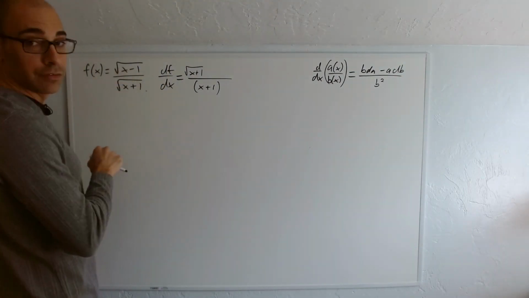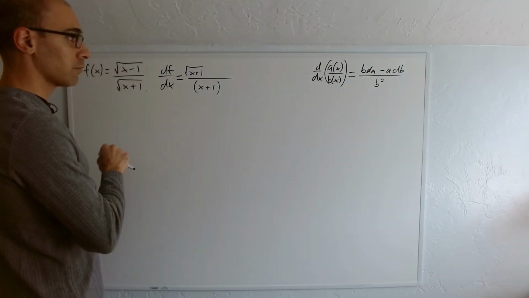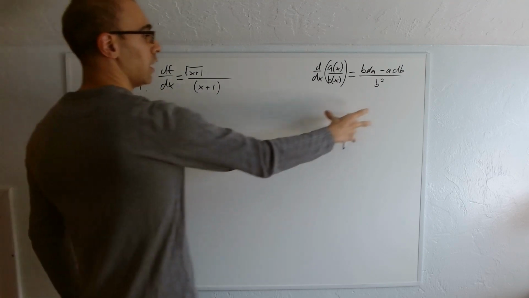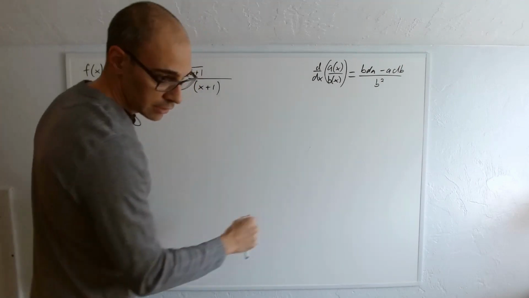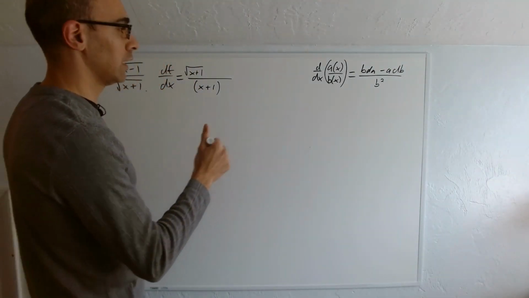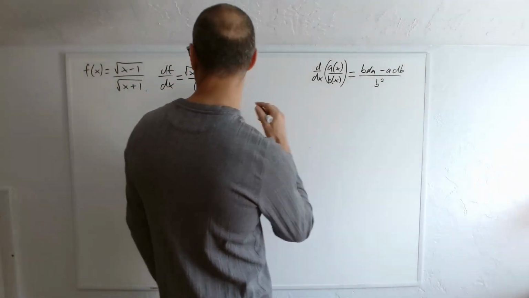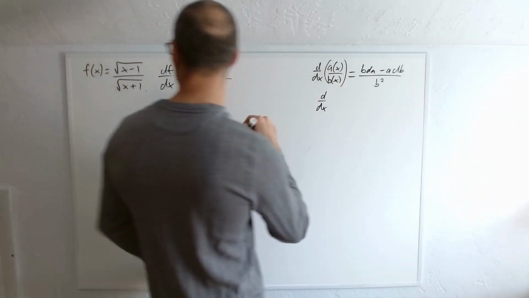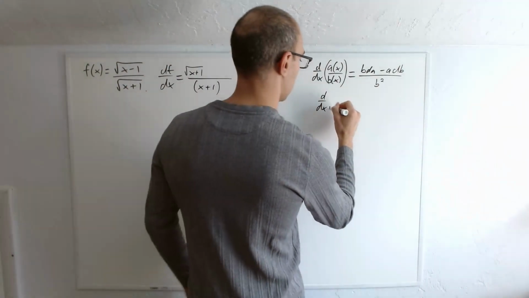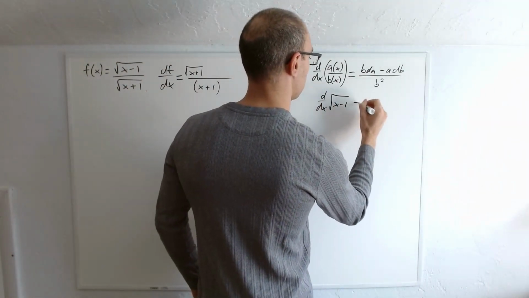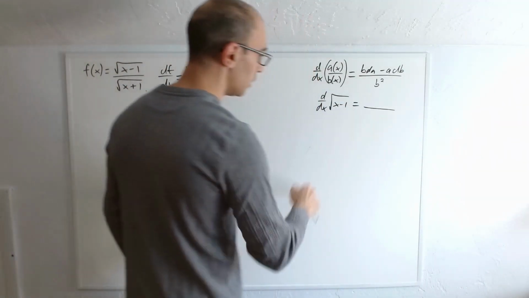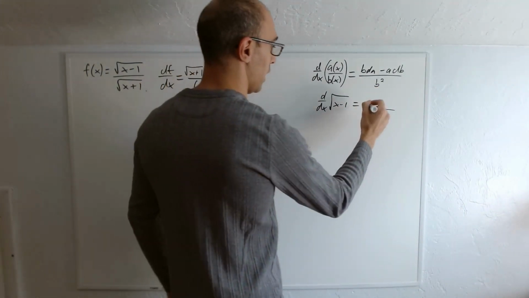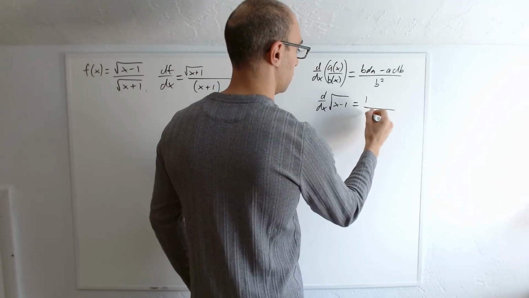So what's the derivative of square root x minus 1? In order to make sure I'm showing every single step, I'm going to do that over here. So d/dx of square root x minus 1 is, so this is x minus 1 to the 1/2 power. The 1/2 comes out, so let me write that explicitly.